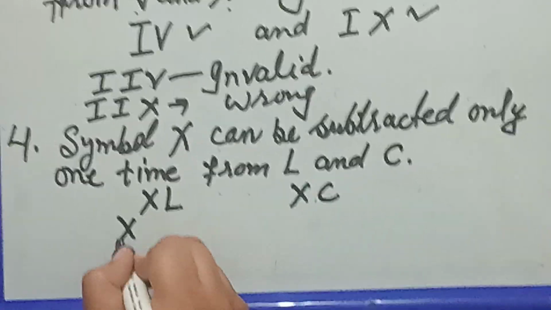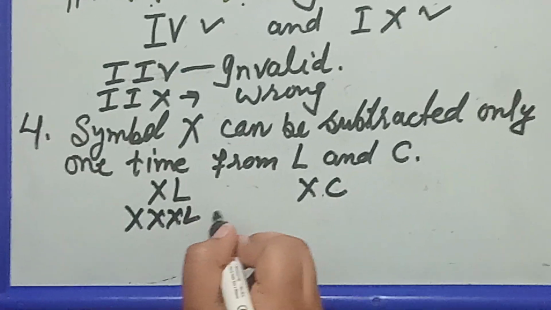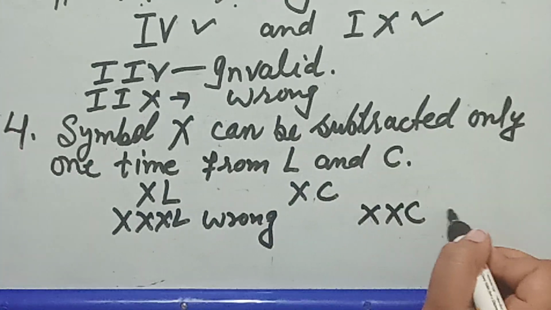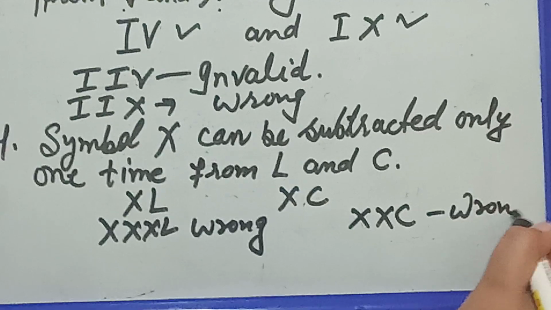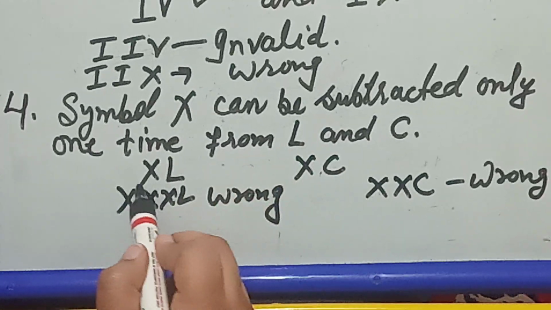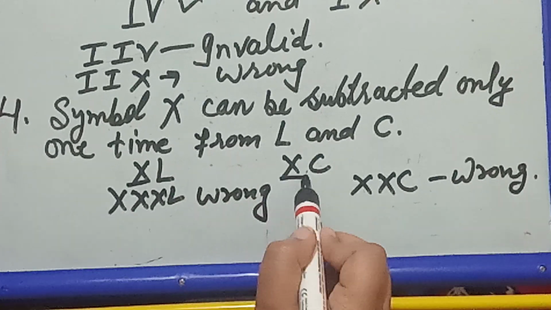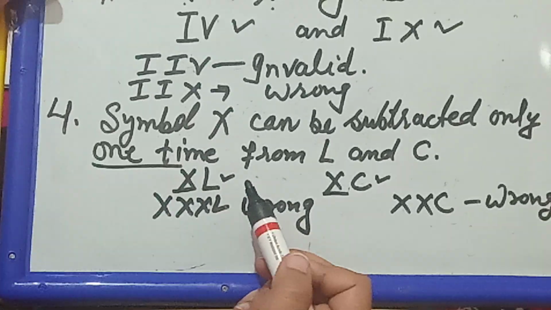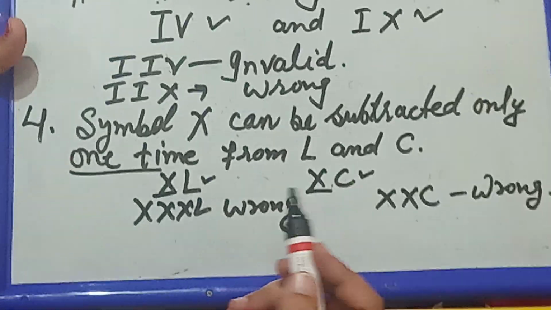But if I write XXXL, this will be wrong. If I write XXC, this is again wrong, because the rule says we can only subtract X from L and C only one time, or only once.